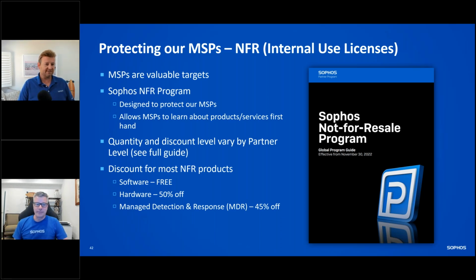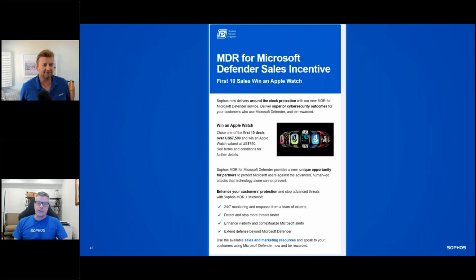We'll probably move on to our incentive actually, Cam. Do you want to take us through that? Yeah, so this one is more linked to our term side of licenses, meaning our 1, 2, or 3 year quotes, and anything over $7,500 USD in deal value. It doesn't matter on the term or the size of that end customer, you can win yourself a series of Apple Watches.